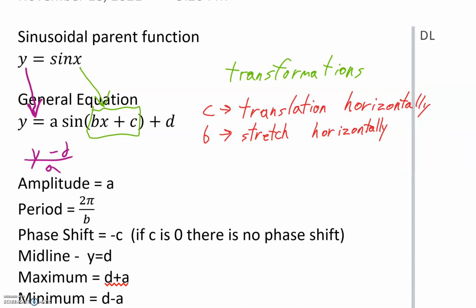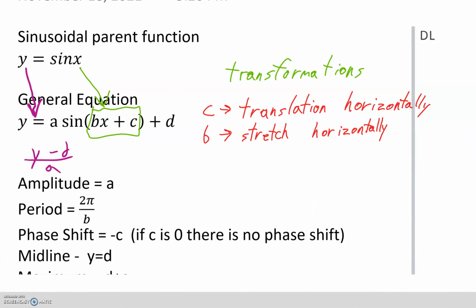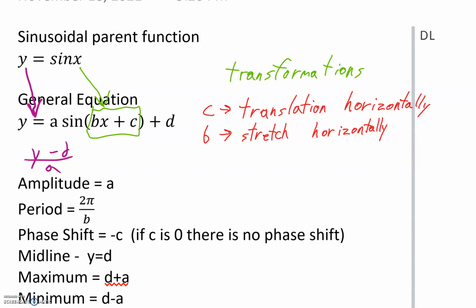If we look at the letters relating to y, that would be a and d.